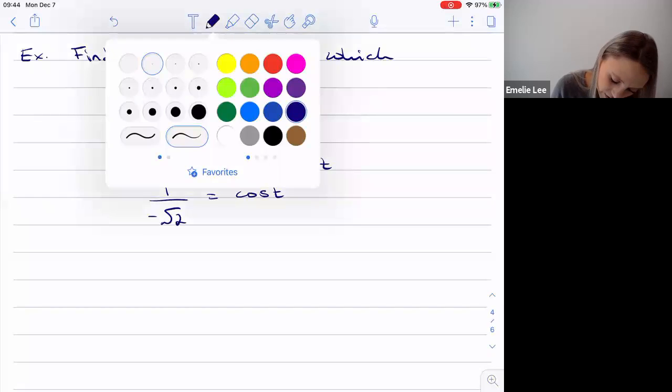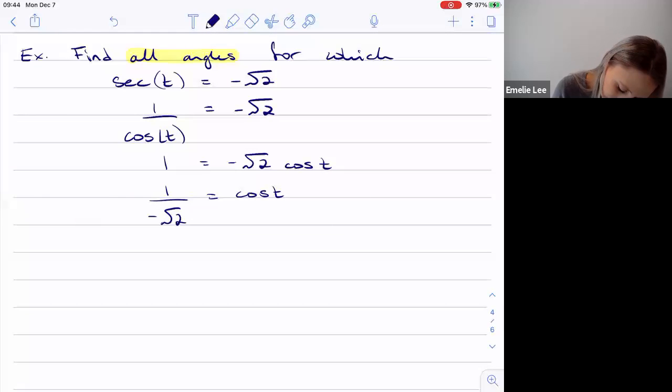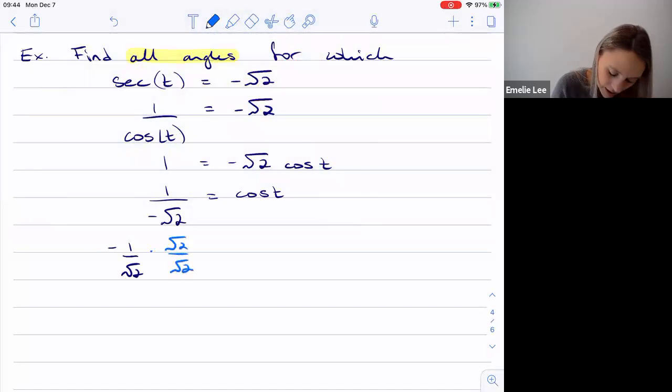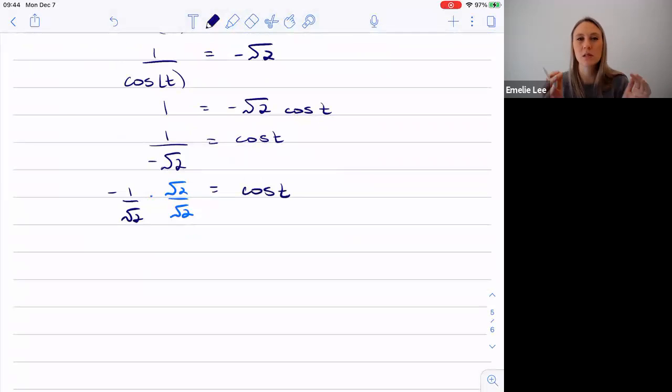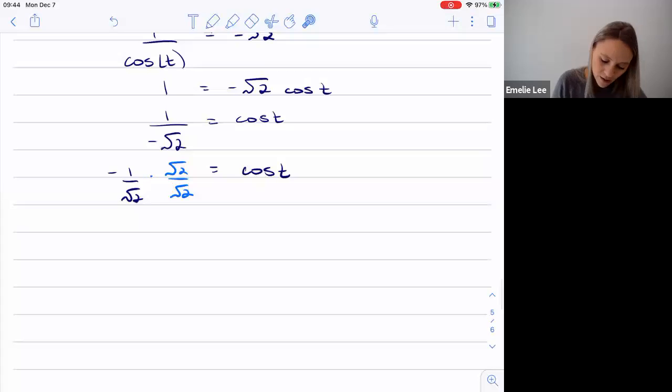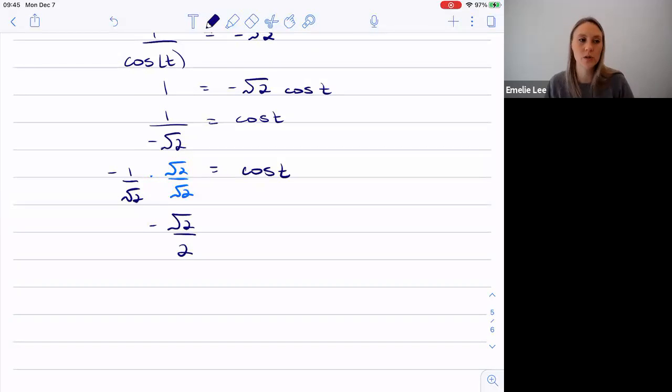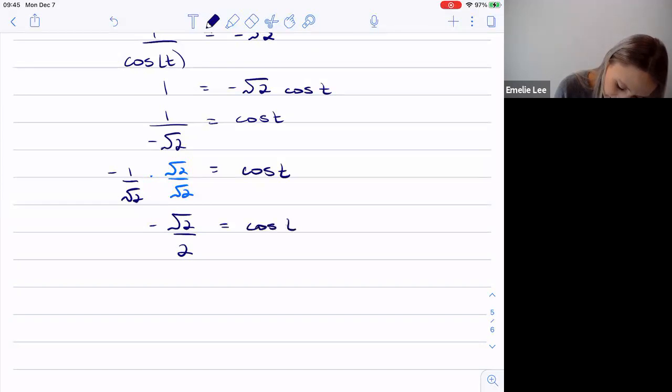So I'm going to float this negative up top because it's easier to spot it that way, and I'm allowed to do that. 1 over root 2, and then times root 2 over root 2. So I'm going to rationalize this, and this is what we did last day too, just to make that connection between 1 over root 2 and root 2 over 2. Multiplying fractions, I'm just allowed to multiply across. And so I have negative root 2 over 2. Root 2 times root 2 is just 2, is the cosine of t.